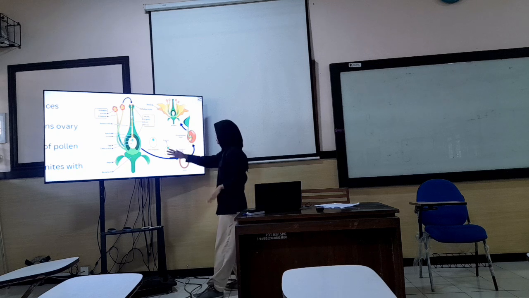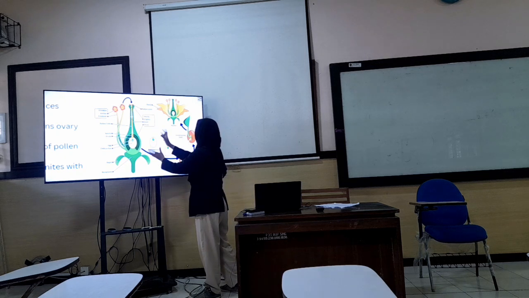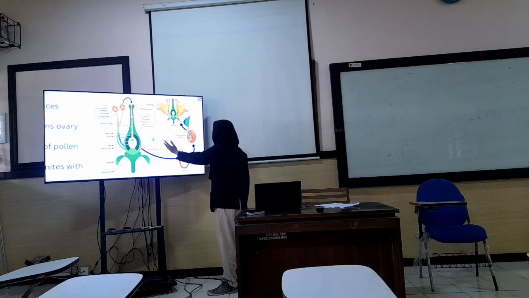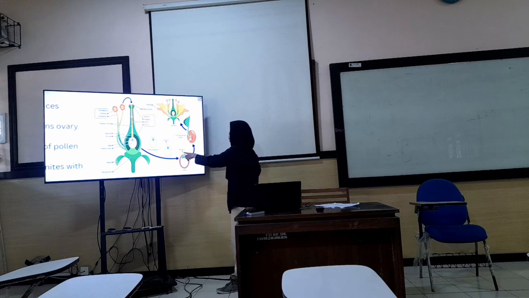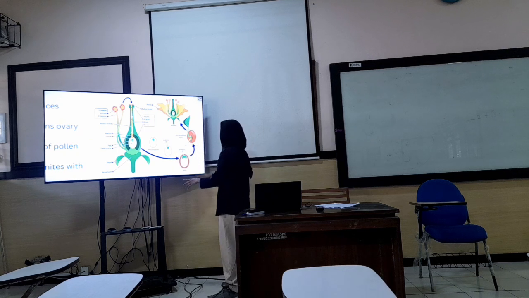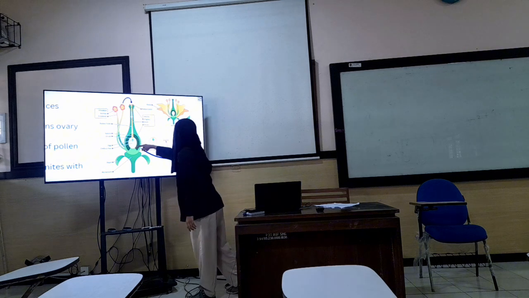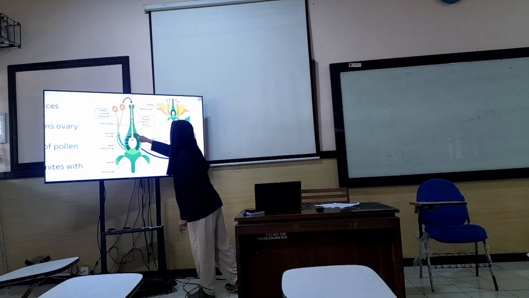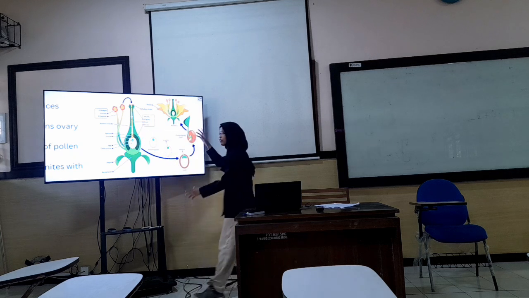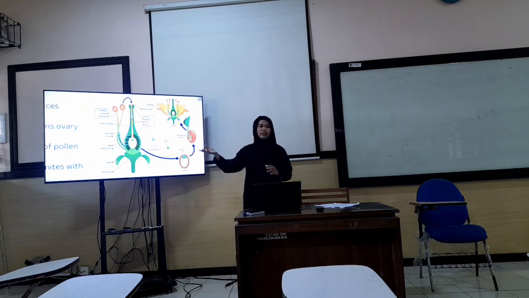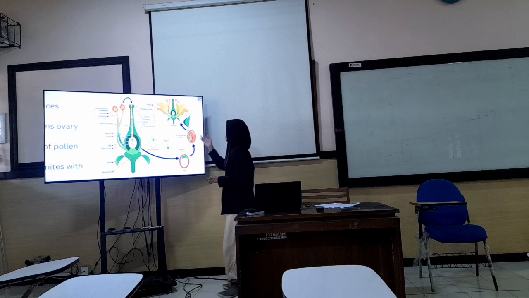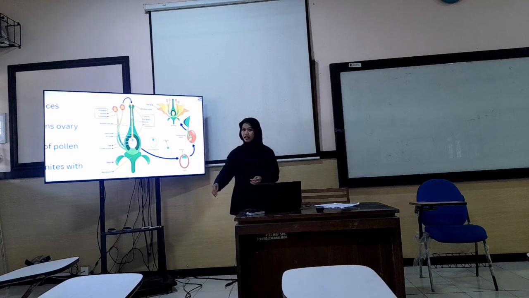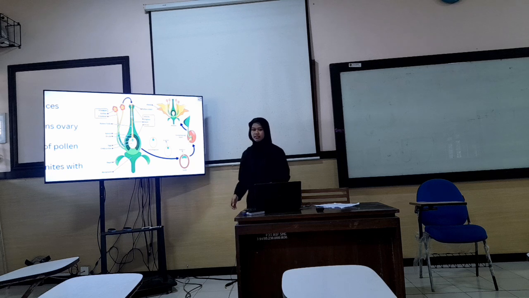Once fertilization happens, it forms a zygote, and the zygote will grow into an embryo. The ovule becomes the seed, and the ovary becomes the fruit, like mangoes and tomatoes. When the seed is planted into the soil, it will grow a new plant.